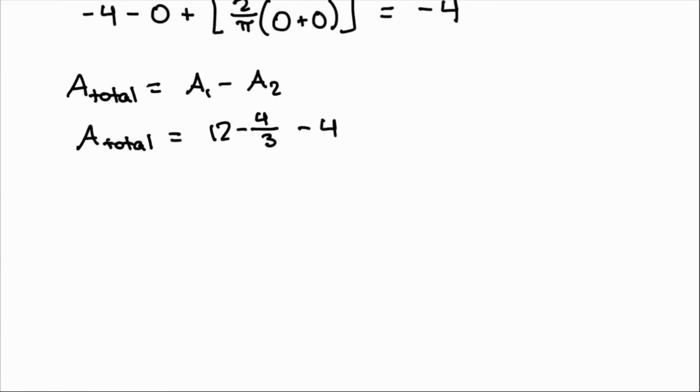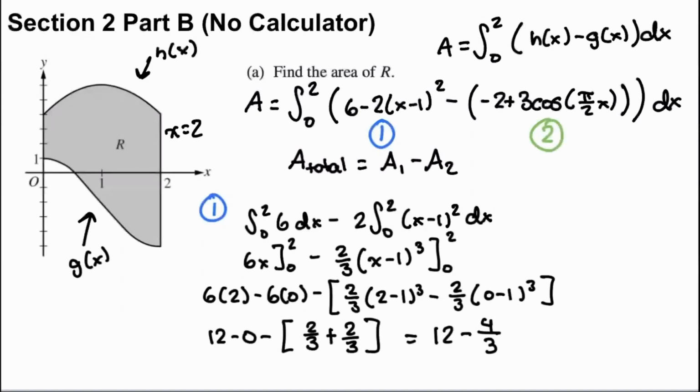And this is going to be minus -4 from our A2, because it's two negatives. And this is going to yield 16 minus 4/3. And if you wanted to simplify that further, that would be 44 over 3. And that would be the final answer to A, find the area of R.